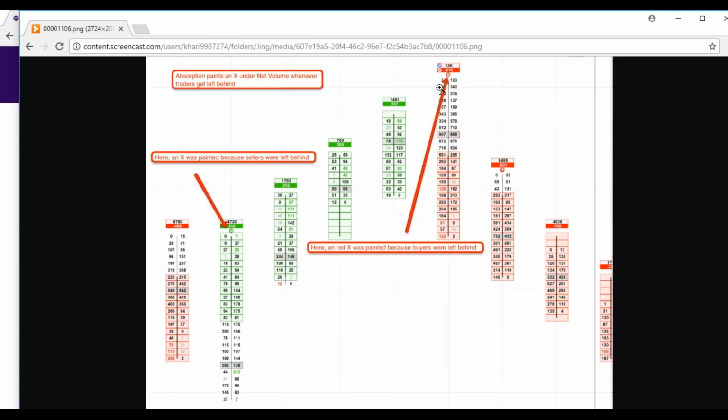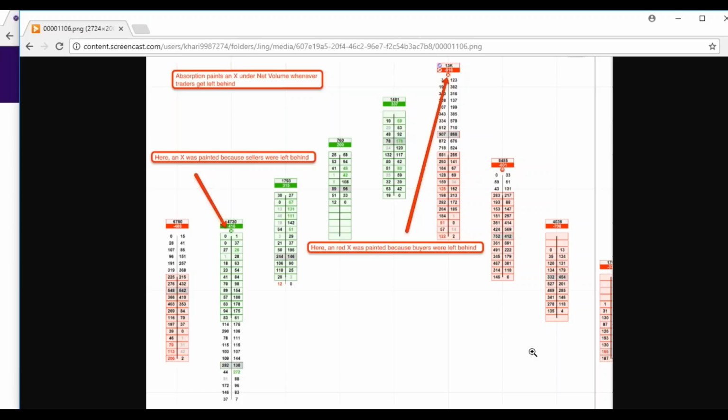These sellers came in saying, all right, we're going to start to push down, and the buyers kept buying, kept buying, and they just came in out of nowhere. See all these buyers compared to all these buys? And the sellers just said, nope, we're absorbing all that. We're pushing this baby down. Those buyers just got absorbed, meaning even with a bigger number of buyers, they couldn't force the market up. The sellers absorbed them all and pushed it down.